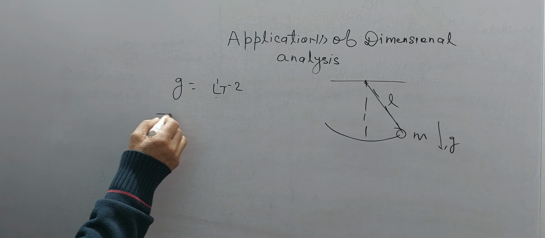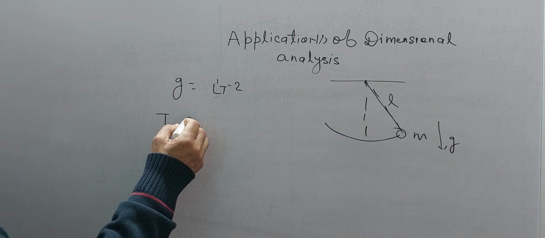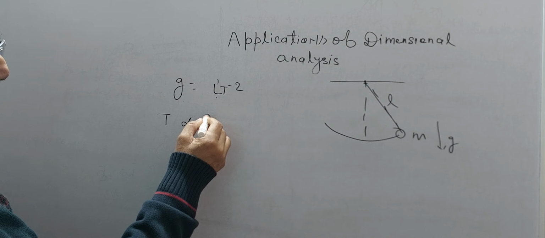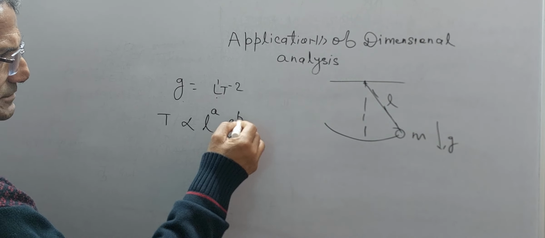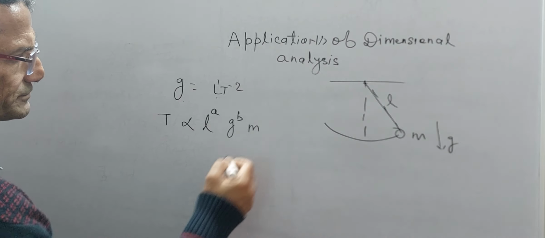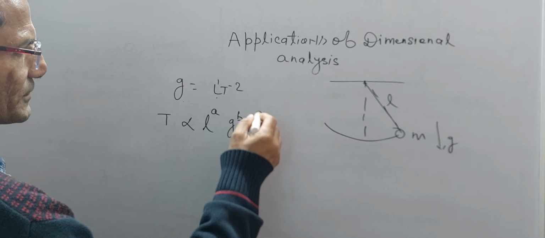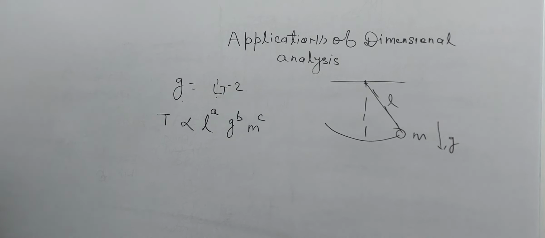The time period, normally represented by T, is equal to K, the constant of proportionality, times L raised to the power a, g raised to the power b, and mass raised to the power c.